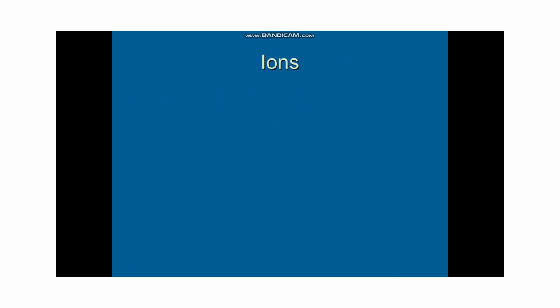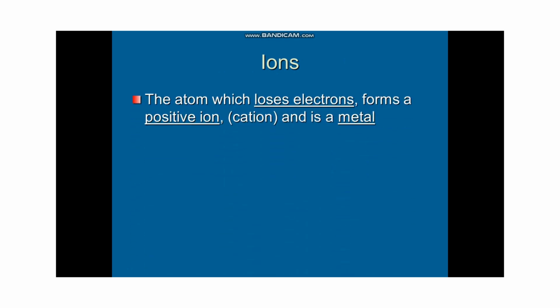Yes, we have already discussed this in the class and we are just revising the concepts more deeply. Ions are a very interesting concept, and you already know what a cation and an anion are and the difference between them. Exactly, the positive ion is the cation, and metals form positive ions because metals have the tendency to lose electrons.